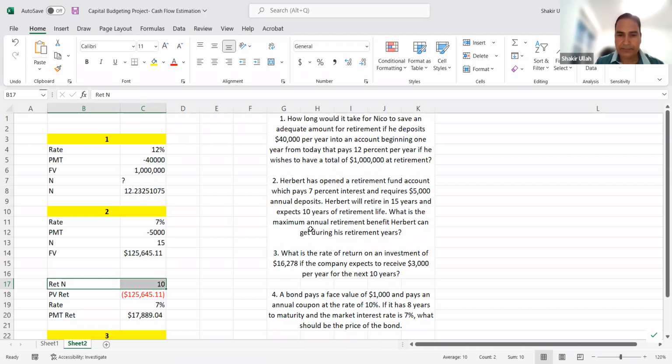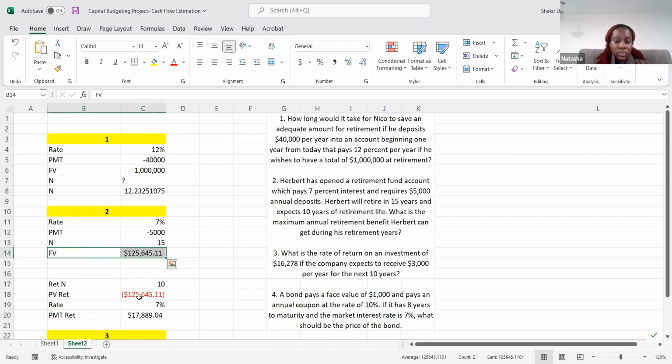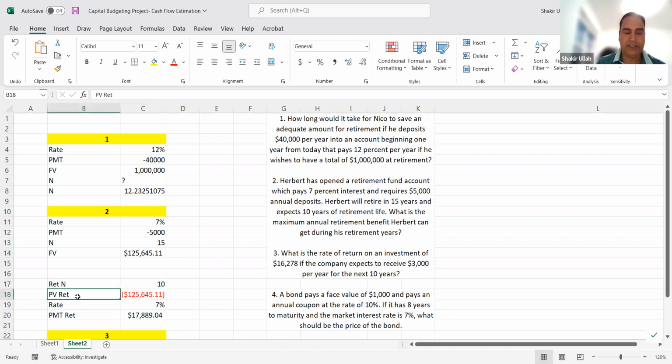And what is the total value that we're depositing with the company now? Remember the future value, this money, that's going to be the money that we are depositing with the company. So that's why I write it as present value at the time of retirement. That will be a negative number because we are putting our money with the company. That's our cash outflow. Either we can decide to take it out or deposit it with the company. So that will be a negative number.